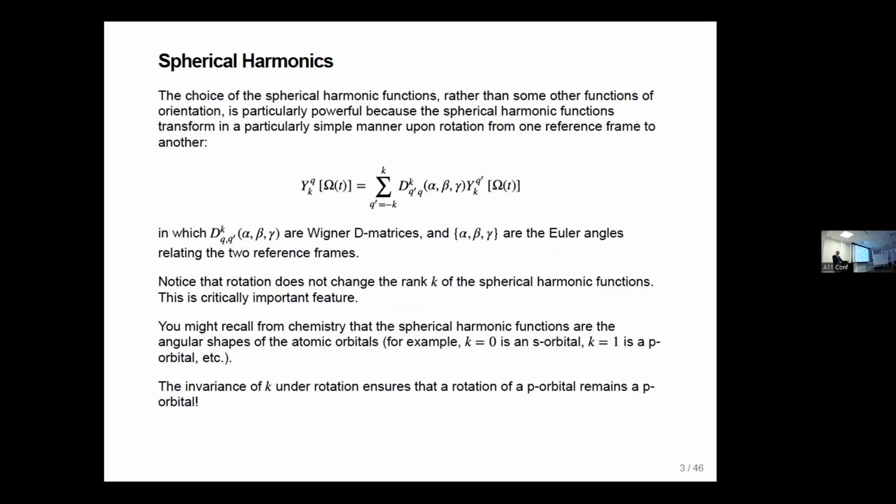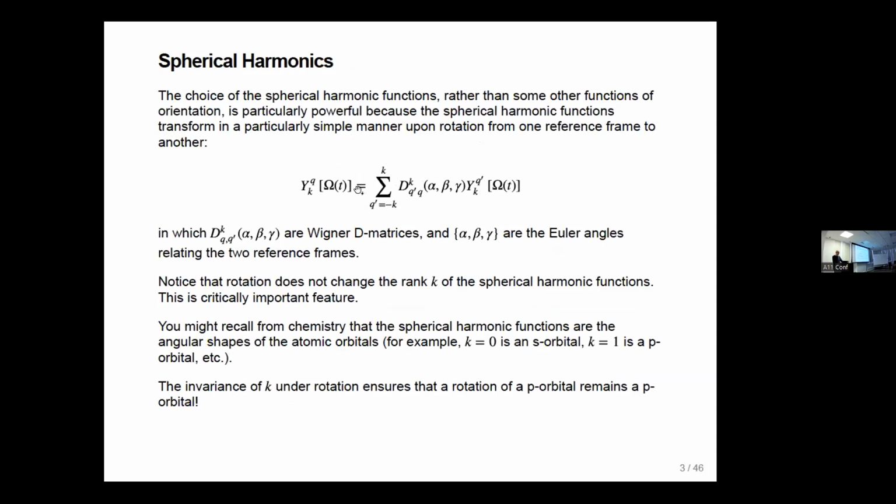Now, why the spherical harmonics? We've talked about that some already: if you have a spherical harmonic that corresponds, for example, to a p orbital, when you rotate, you still have a p orbital. You don't turn into a d orbital.